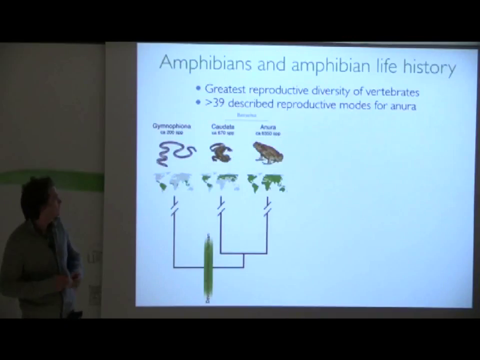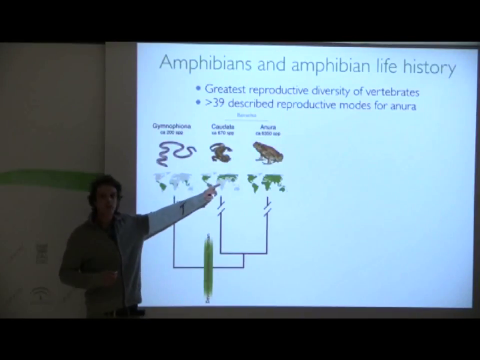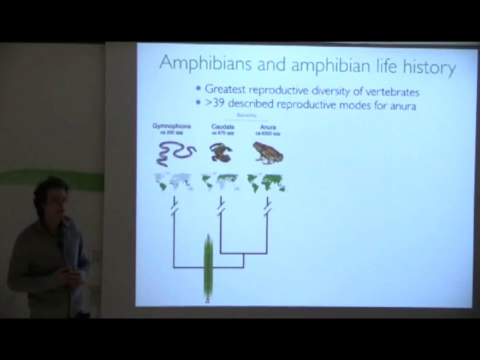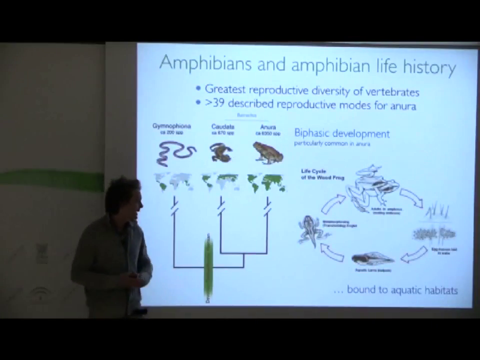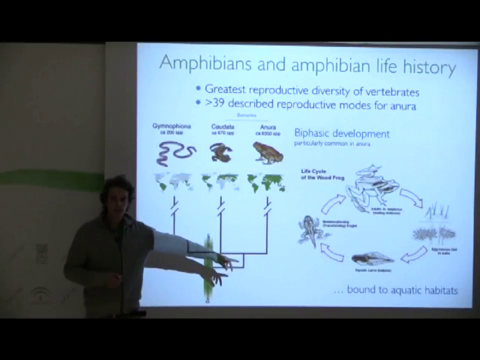And most of that diversity is represented by the anurans, the frogs and toads, which is one of the 3 phyla of extant amphibians. And their plesiomorphic life history cycle, or reproductive cycle, is often referred to as being biphasic. And I'm sure most of you are familiar with that. So that involves an aquatic larval stage.